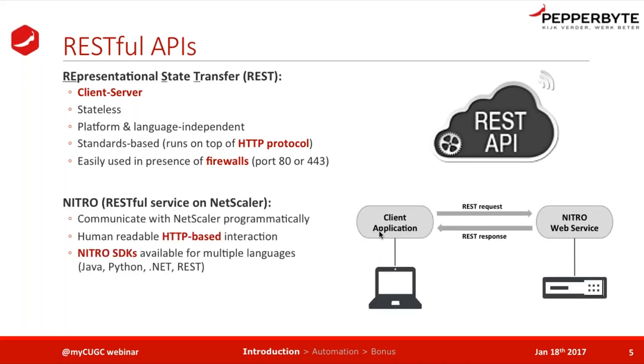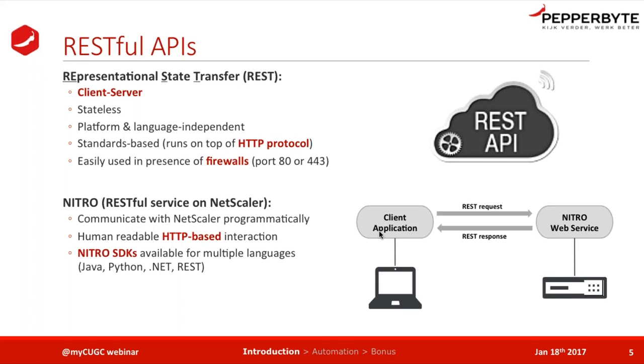And if I'm talking about NITRO, I'm talking about the RESTful service that runs on a NetScaler, that allows us to communicate with a NetScaler in a programmatic way by using HTTP-based human-readable code.